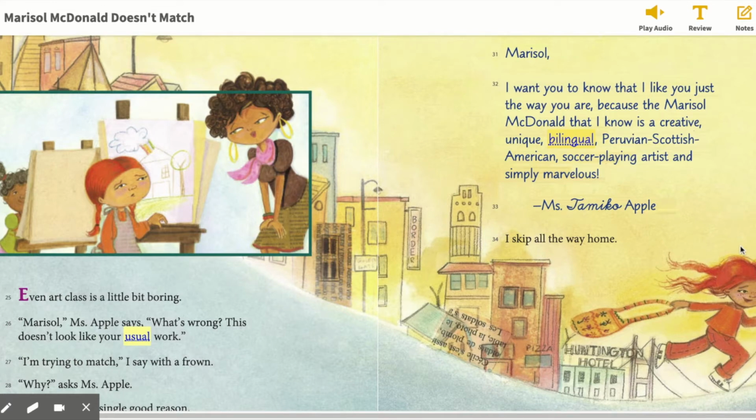What person can we infer that Marisol might put on her heart map? I think she might put Miss Apple. I think that she might love Miss Apple because Miss Apple recognizes how she is unique and simply marvelous. So I wrote Miss Apple's name down under people on the heart map.